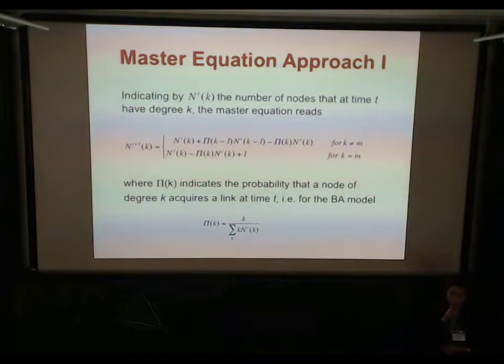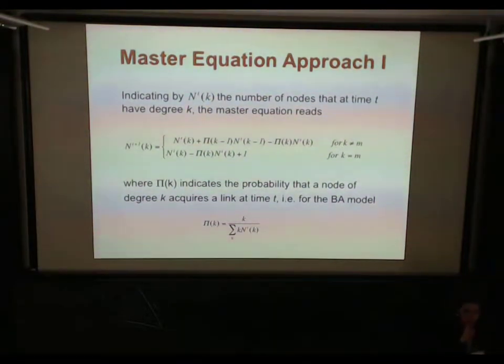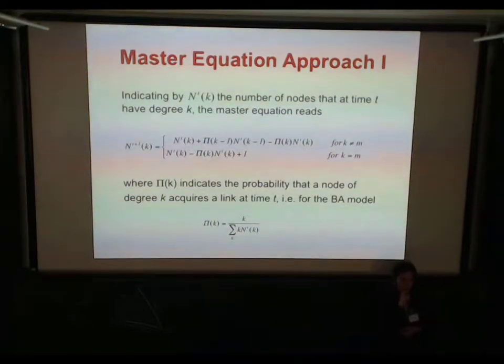Now usually when you have a master equation approach, you look for the stationary state, so you would like to say that the difference between n_k at time t plus 1 and n_k at time t goes to 0. But you cannot do that, because the number of nodes is increasing in time.